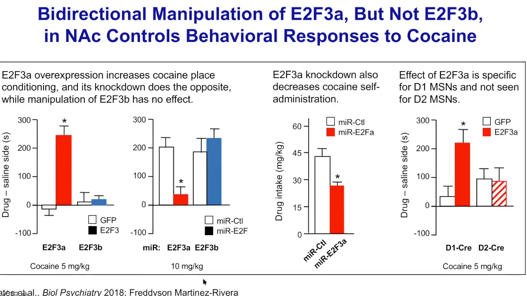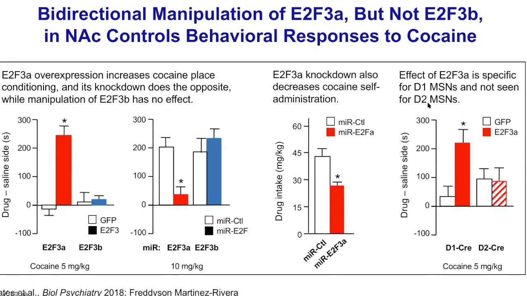More recently, Fredison Martinez Rivera, using the same microRNA, can show that this knockdown also suppresses measures of cocaine self-administration, and more recently, using viruses that overexpress selectively in D1 or D2 type medium spiny neurons.